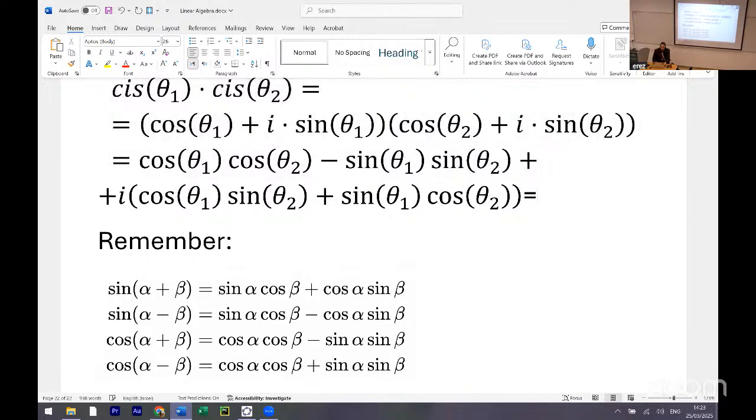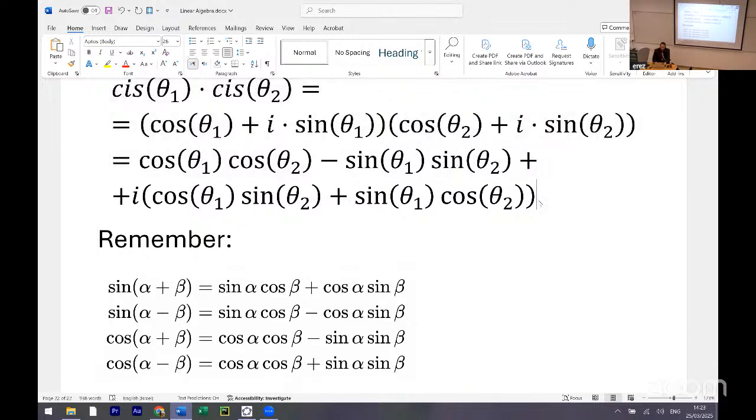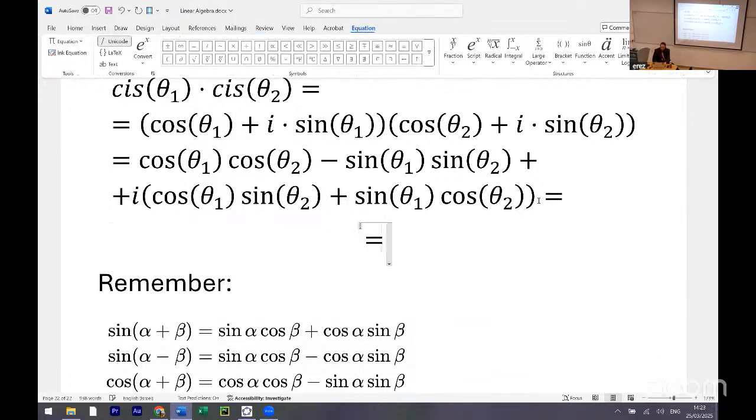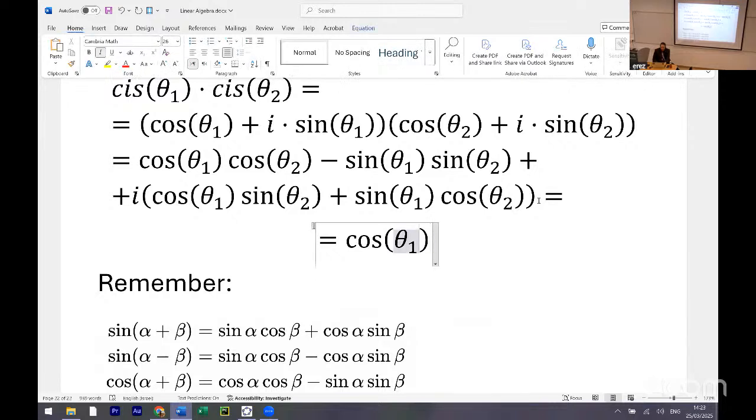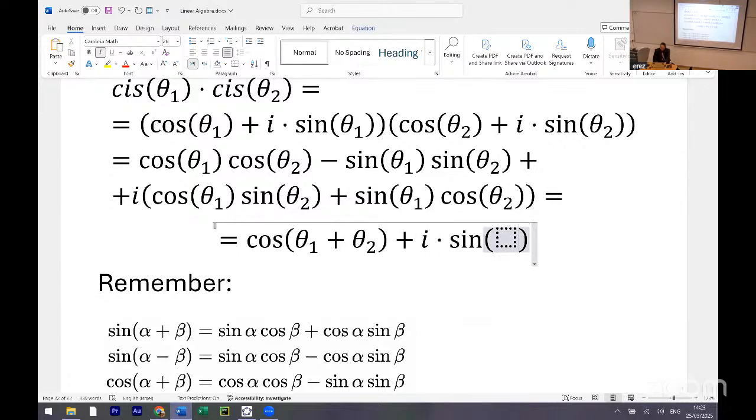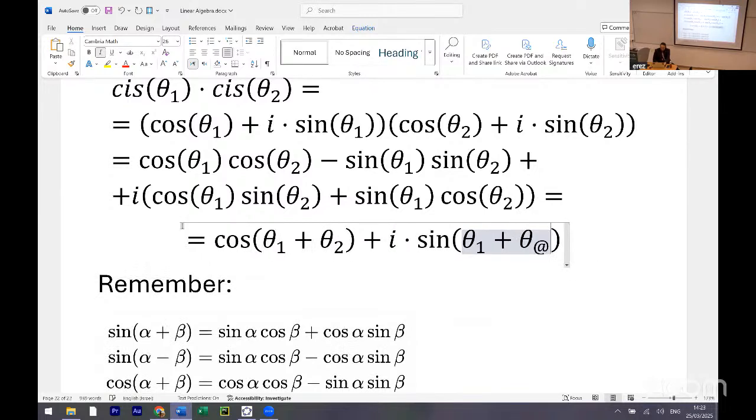Therefore, all we have here is cosine of theta 1 plus theta 2, plus i times sine of theta 1 plus theta 2.